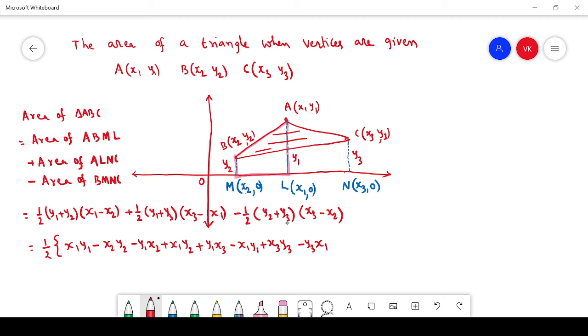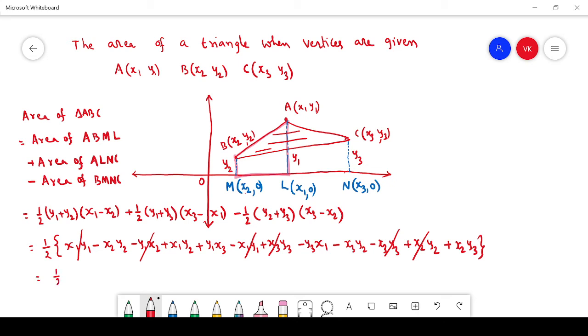Now it is minus of the times: minus x3 y2 minus x3 y3, minus into minus plus x2 y2 plus x2 y3. Now whatever terms get cancelled, we will cancel. x1 y1 gets cancelled. Here x3 y3 positive and here negative, gets cancelled. Next x2 y2 positive here and x2 y2 negative here.